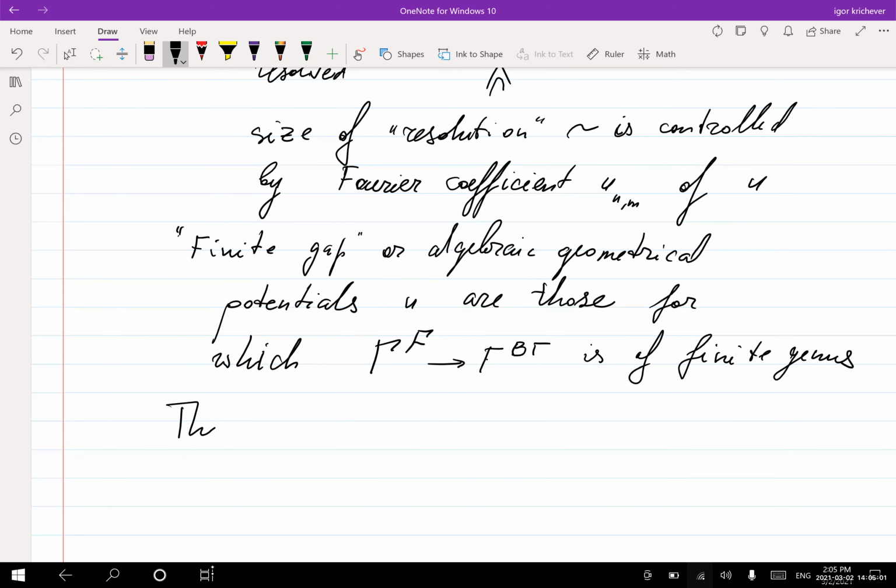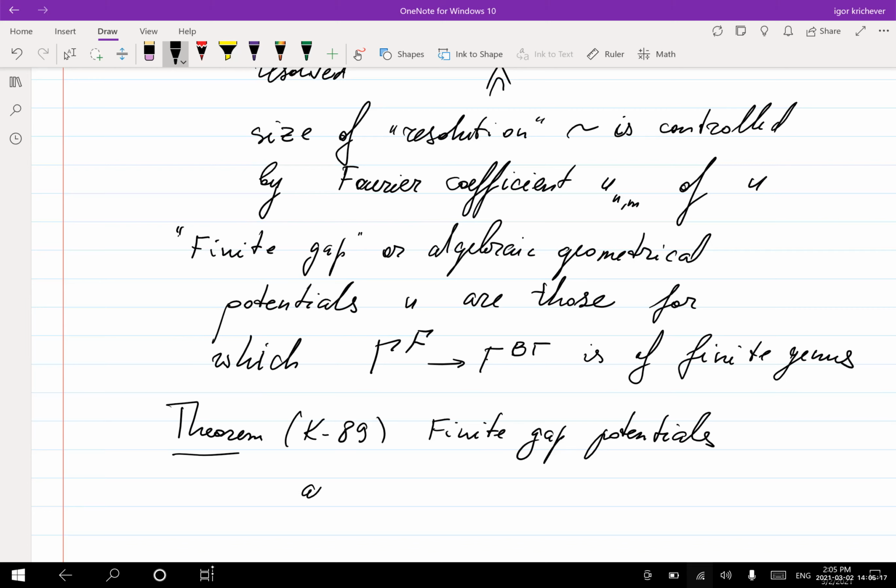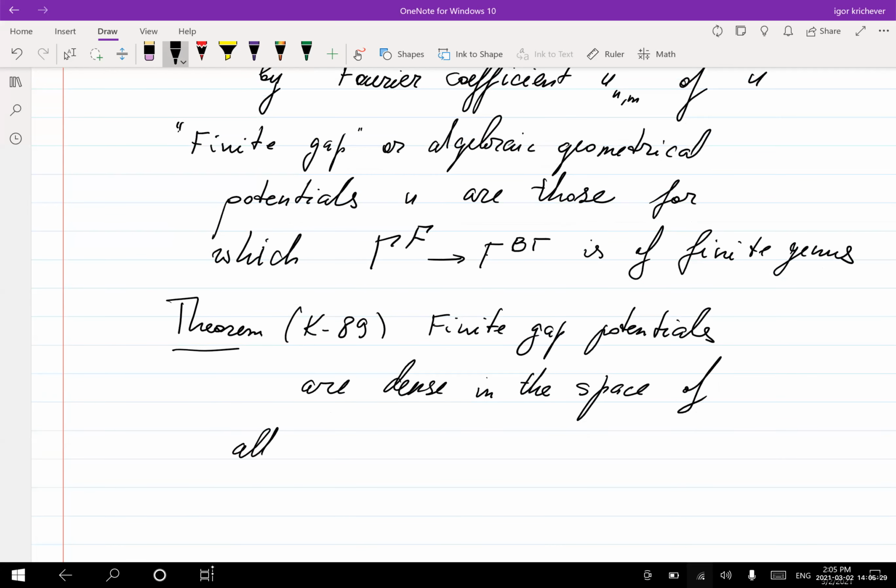Theorem. Finite genus curve, finite gap potentials are dense in the space of all doubly periodic functions.